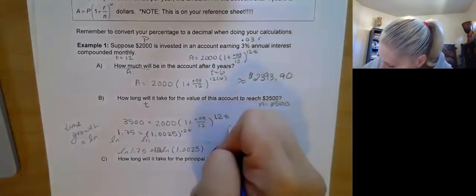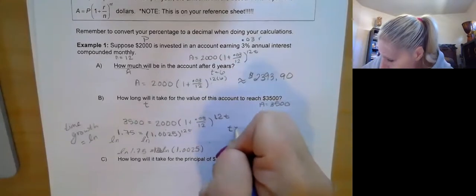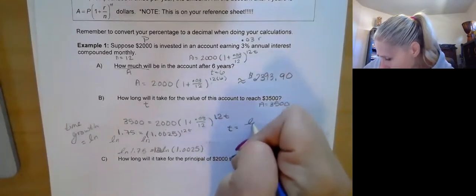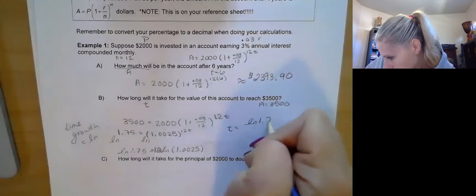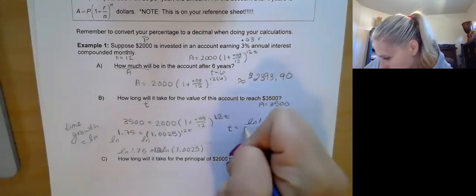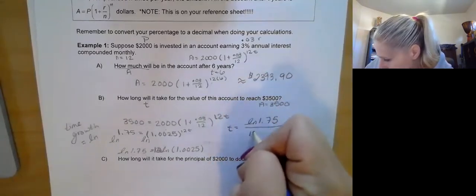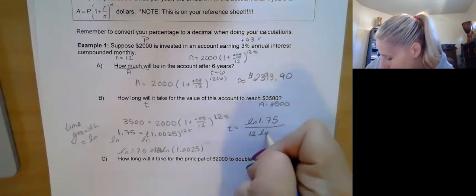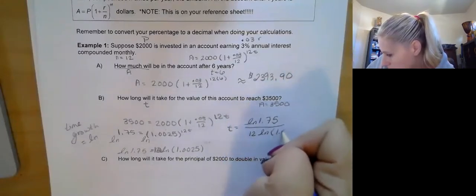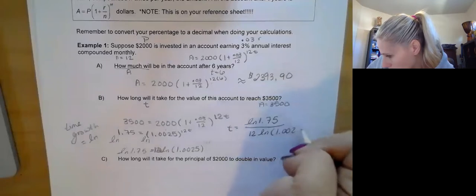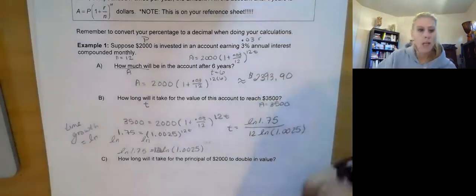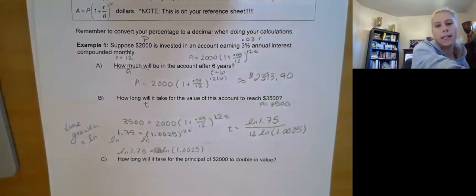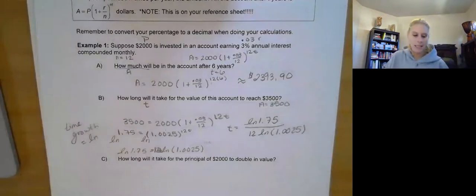to get t by itself, I can take this ln of 1.75 and divide it by 12 ln of 1.0025. Now, if it wants the exact answer, I can keep that as is, but we're going to estimate how long it takes.